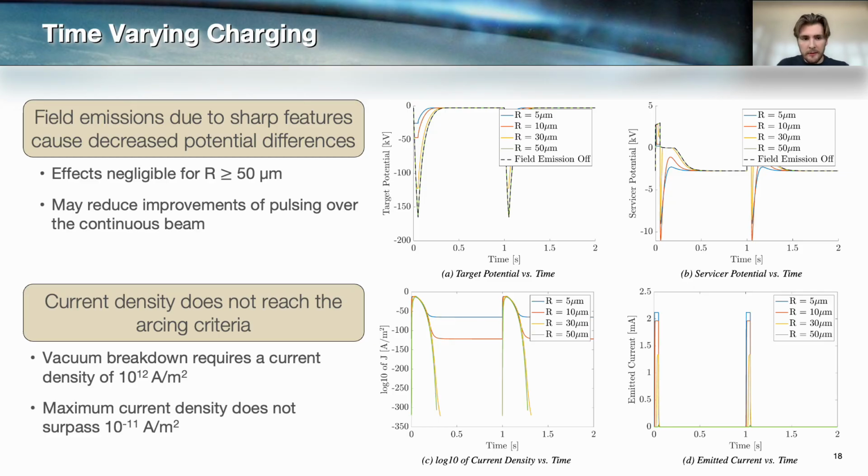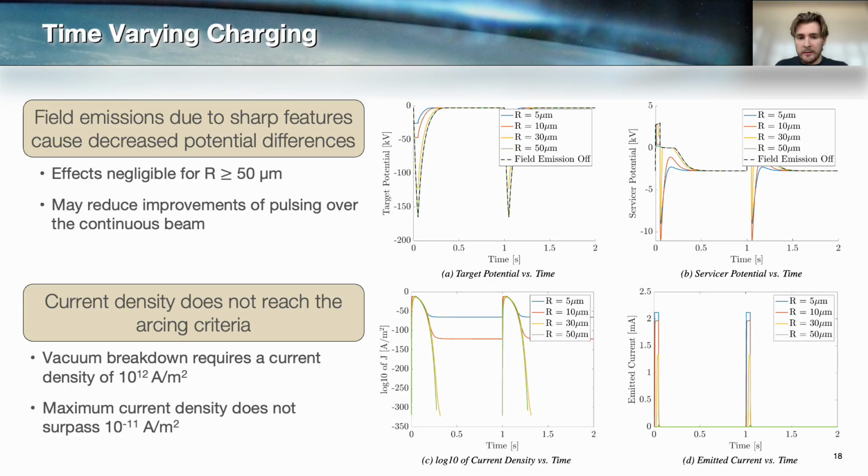If we look at the top left plot, this shows the target potential over time for varying radii. And we can see that as we decrease the radius of curvature of that surface feature on the target, the magnitude of the target potential decreases significantly, down from over 150 kilovolts to around 25 kilovolts. And we see a similar effect looking at the top right plot for the surfacer potential.